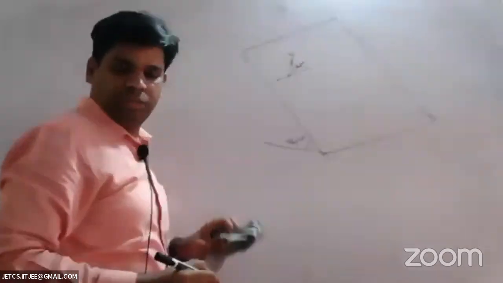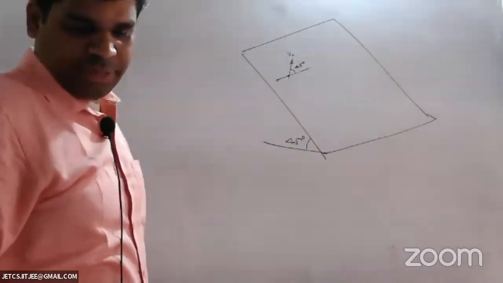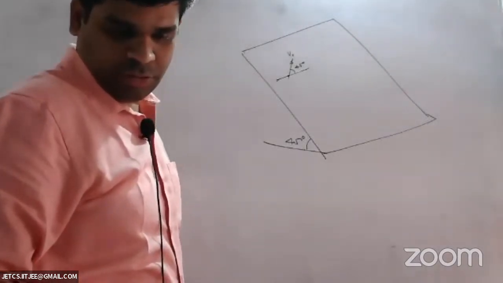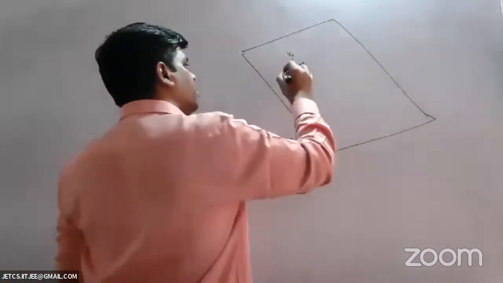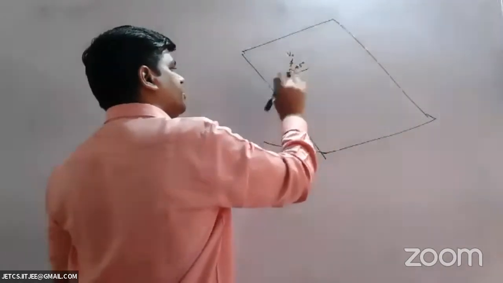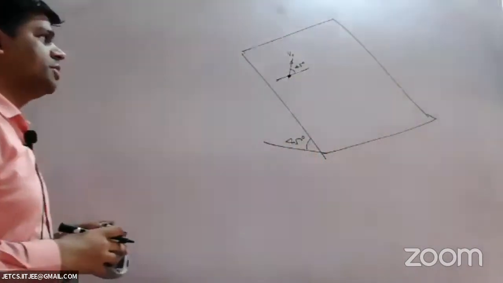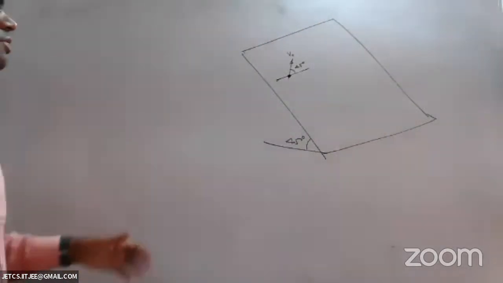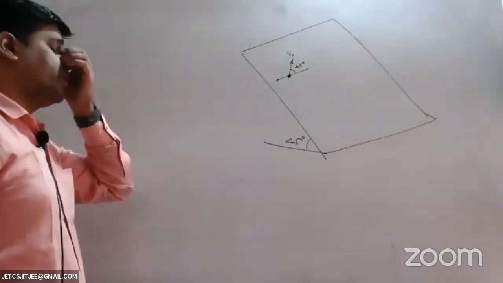All right. And v naught is 10 meter per second. Now determine the eventual motion of the ball. The particle is projected with velocity v naught, which is 10 meter per second, at an angle of 45 degrees. I have to determine what happens to the ball eventually and how does the particle actually go.